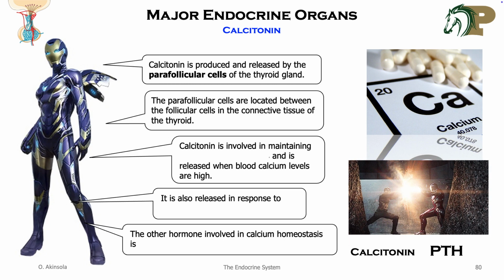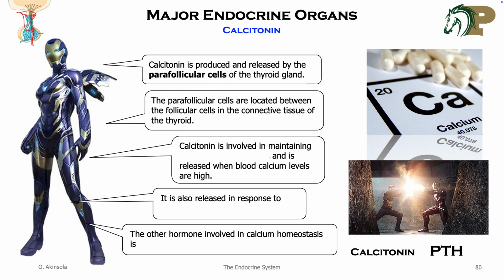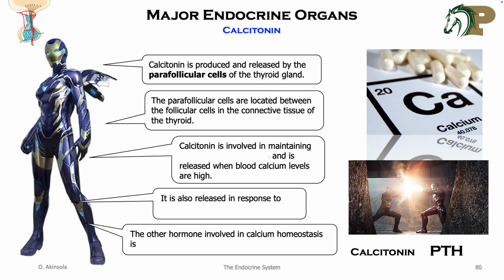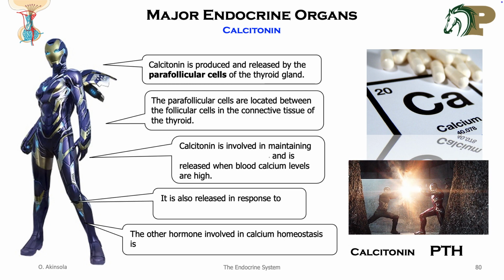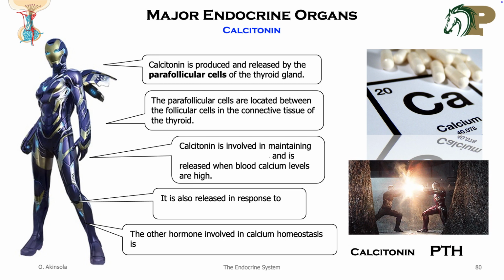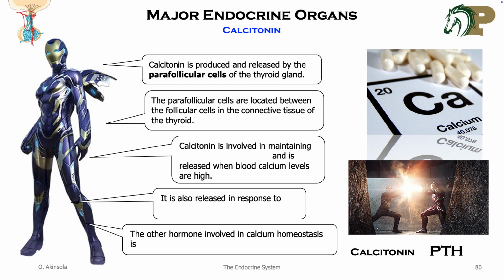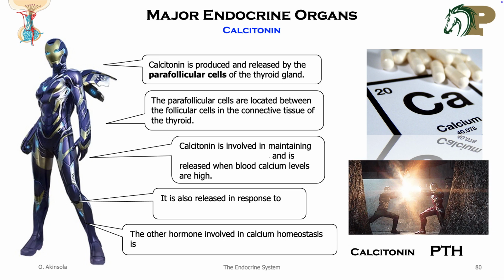Okay, so your follicular cells of the thyroid gland produce T3 and T4 under the influence of TSH, thyroid stimulating hormone from the pituitary. Your parafollicular cells in the thyroid gland will release calcitonin. Okay?